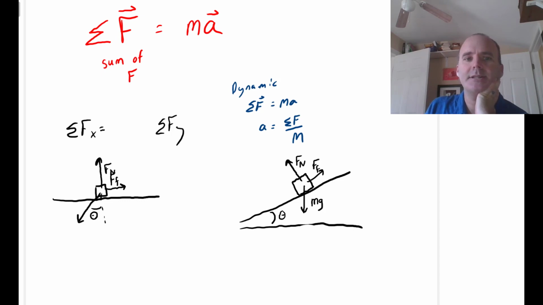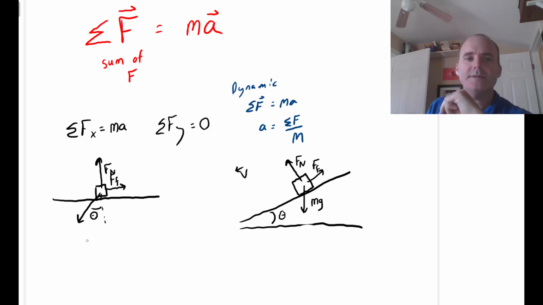In the x direction it has an acceleration, but in the y direction, it's not flying up off of this surface. So in that case, it would be 0.